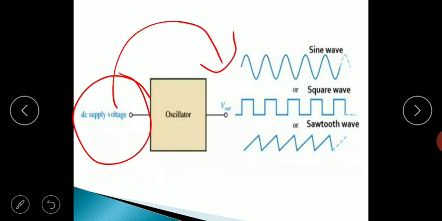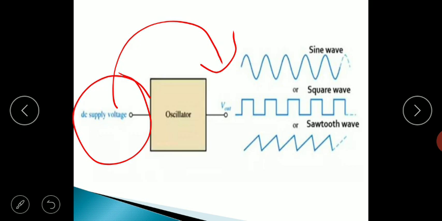And as I told, oscillators generate periodic or repeated waveforms, and the frequency of the generated waveform depends upon the various components that are used in the oscillator circuit.